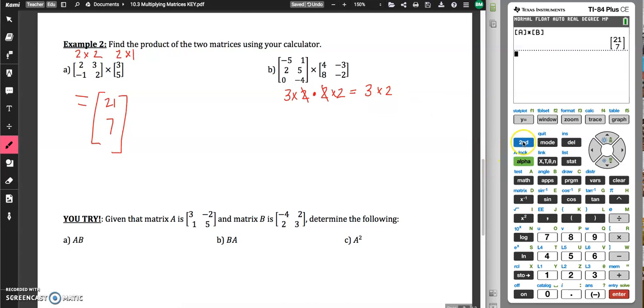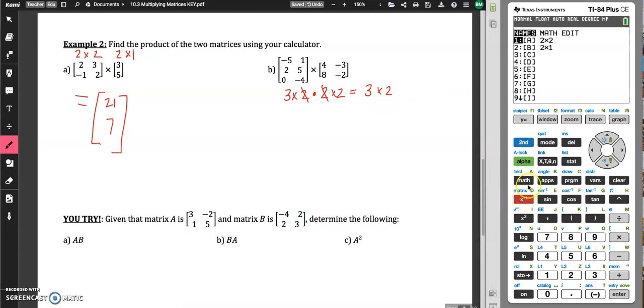Go back to my calculator, go to the matrix screen. So second, and the inverse button will get you to the matrix screen. I want to edit again. We said this one's a 3 by 2. Type in the values. 1, 2, 5, 0, -4.